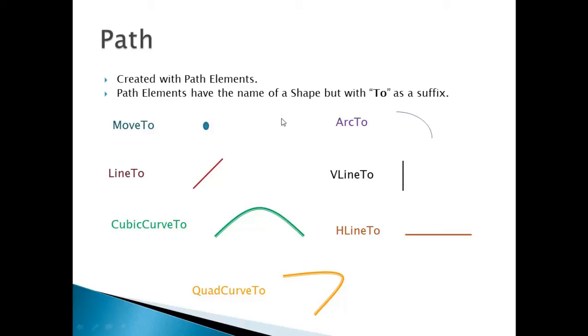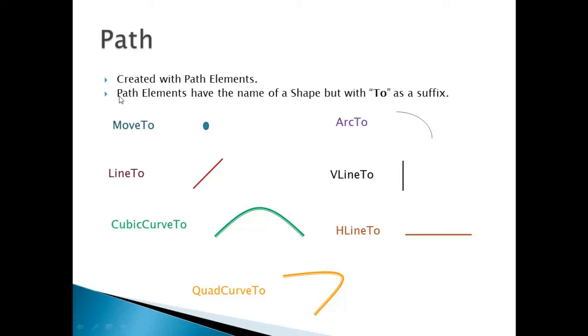As we mentioned, the path elements are the components of a path, and all of them will have the name of a shape but with the "To" as suffix. For example, here we have LineTo, which will be a path element. On the other hand, we will have Line, just Line, without the "To", and that will be the shape.